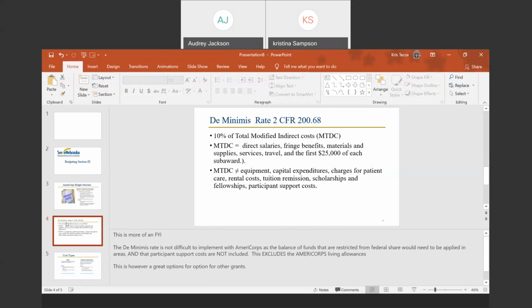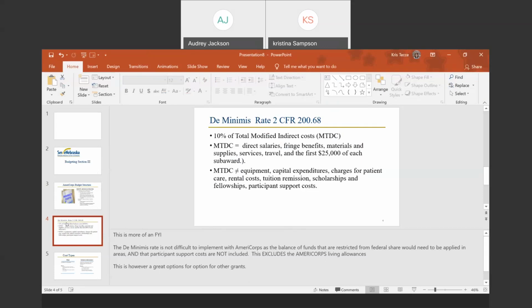Modified total direct costs include direct salaries, fringe benefits, materials, supplies, services, travel, and the first $25,000 of subawards. Modified total direct costs do not include equipment, capital expenditures, charges for patient care, rental costs, participant support costs.